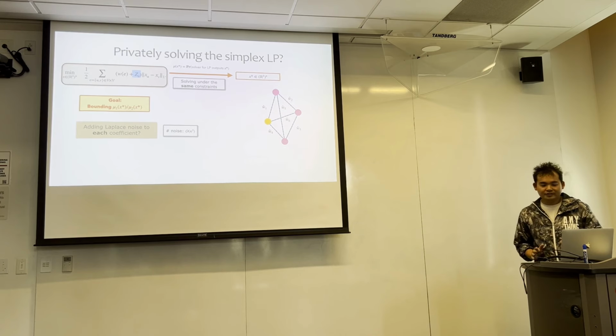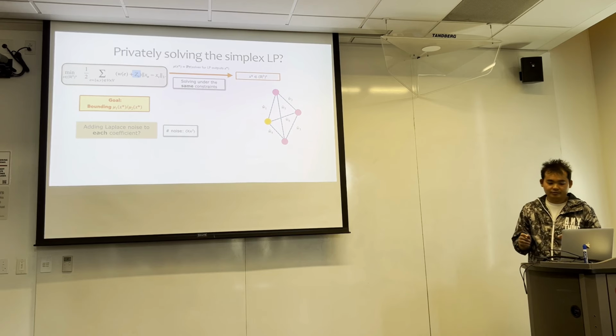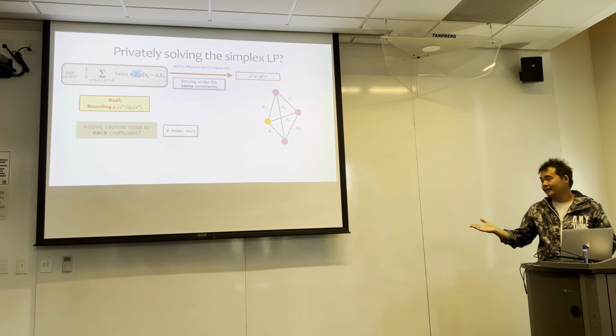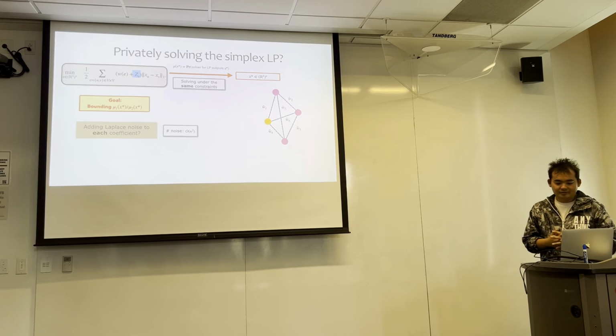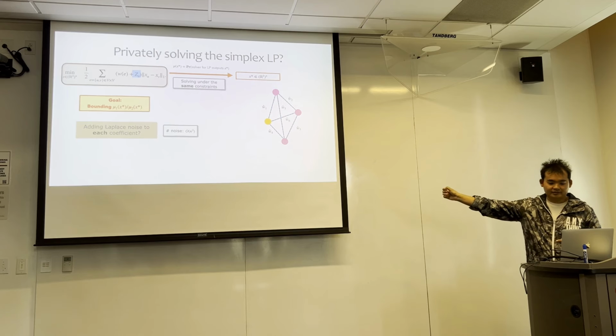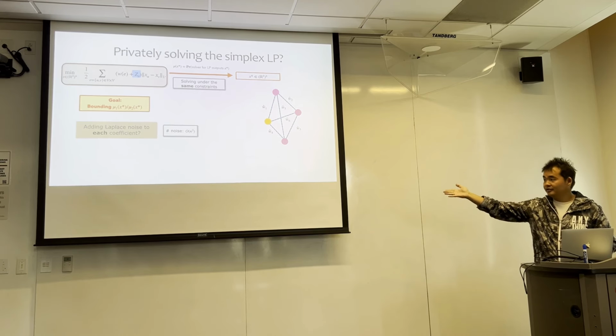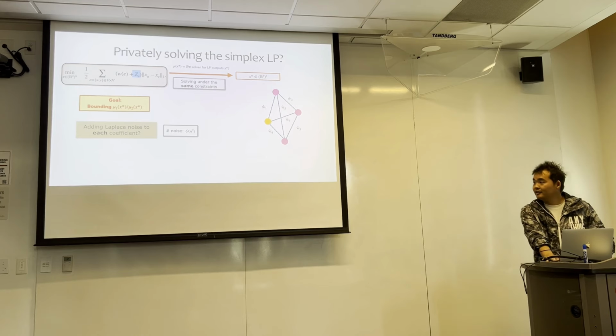Recall that we just want to privately output a cut instead of the whole graph, so it's plausible that we could add much less noise. How do we do that? Remember that one issue of perturbing everything is that it probably introduces negative edge weights, and if you have a polynomial number of negative edge weights, then this program is not polynomially solvable anymore.